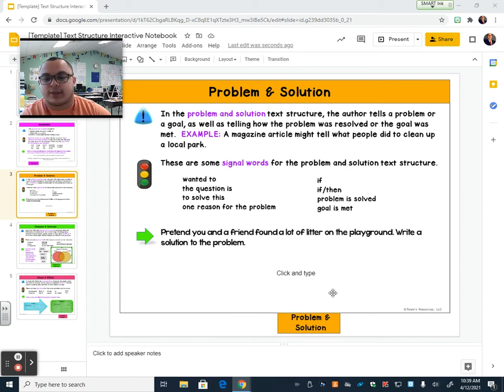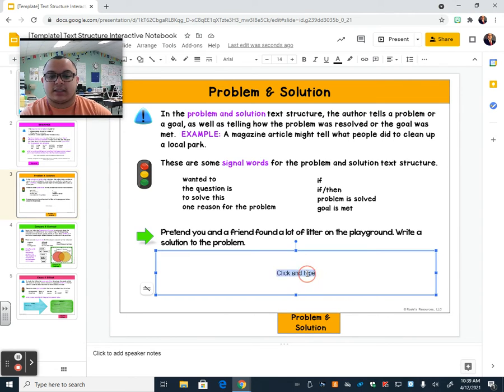Pretend your friend found a lot of litter on the playground. Write a solution to the problem. So the problem is that me and my friend found a lot of litter on the playground. We're going to use one of these signal words.